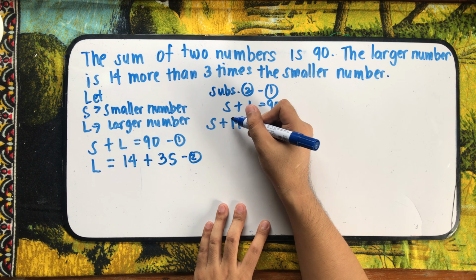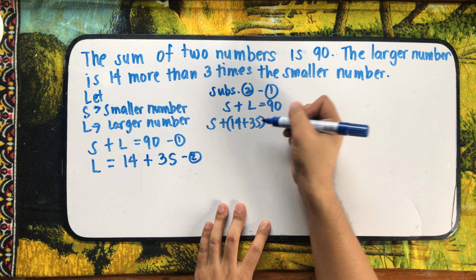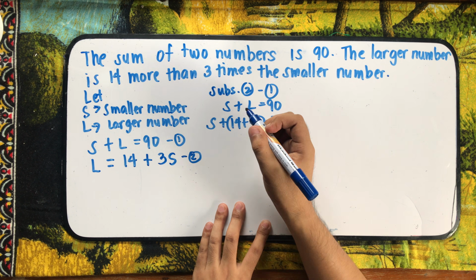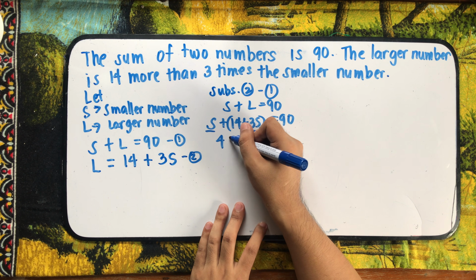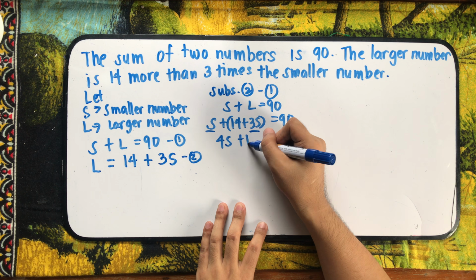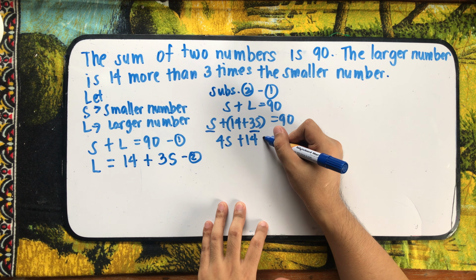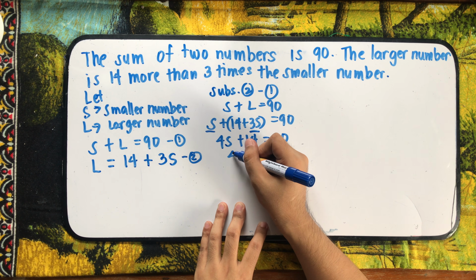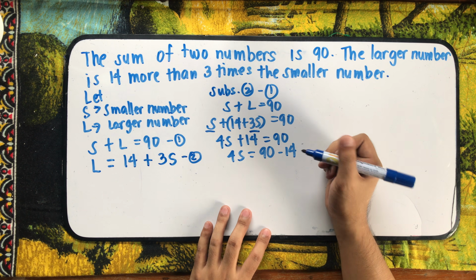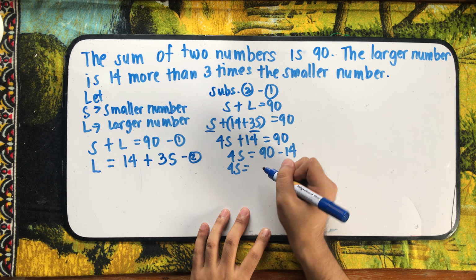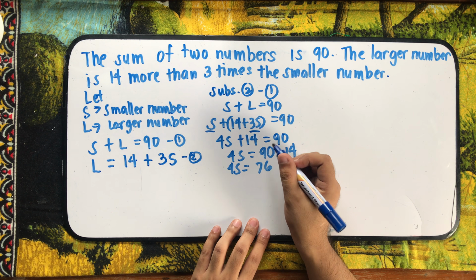That is 14 plus 3S is equal to 90. Okay? We'll now be having S plus 3S, that becomes 4S. 4S plus 14 is equal to 90. Therefore, this is 4S is equal to 90 minus 14, and 90 minus 14 will give us an answer of 76.